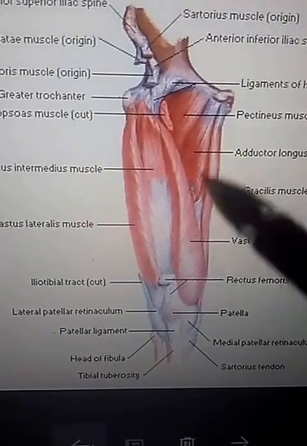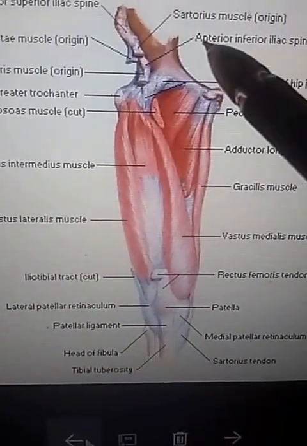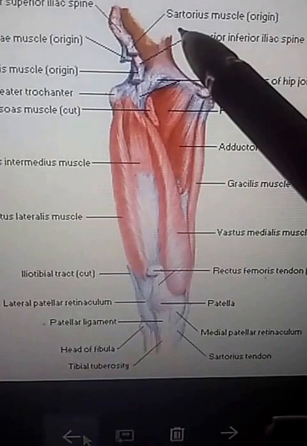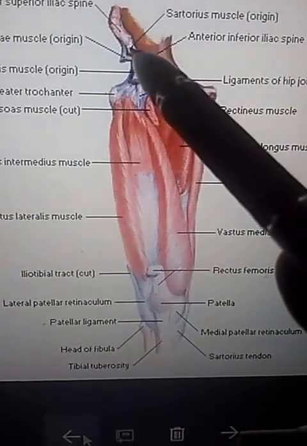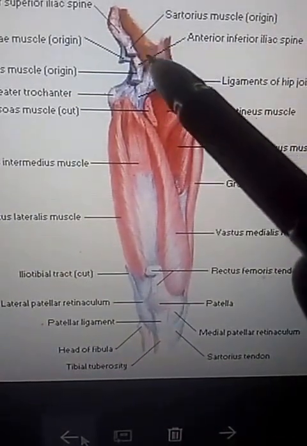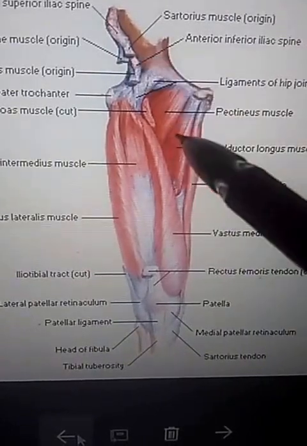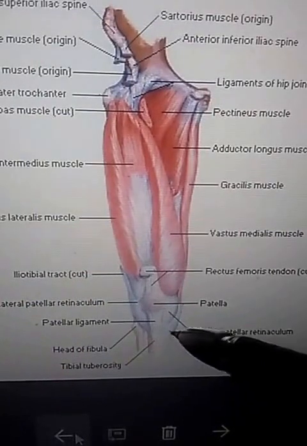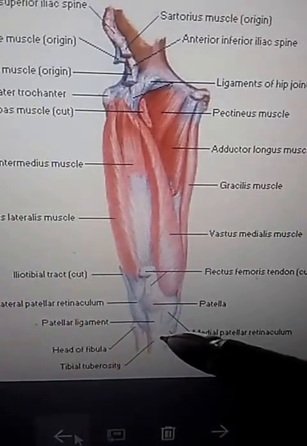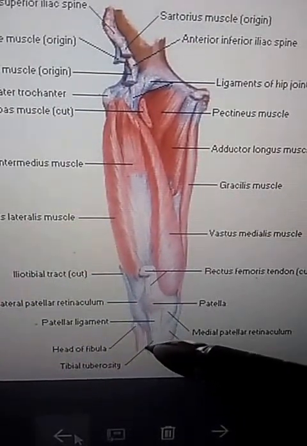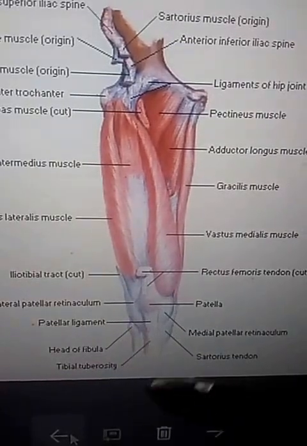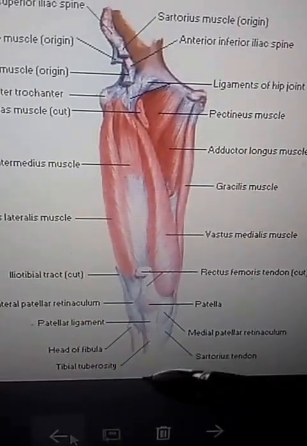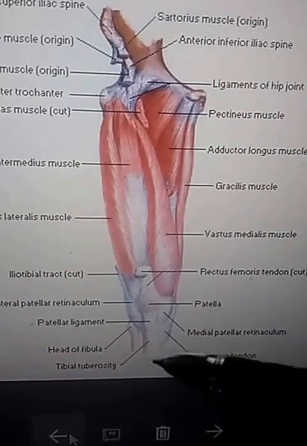You should know that the anterior compartment includes sartorius, which originates from the anterior superior iliac spine. You should know all the muscles of thigh, be it of the anterior compartment, the medial compartment, or the posterior compartment.